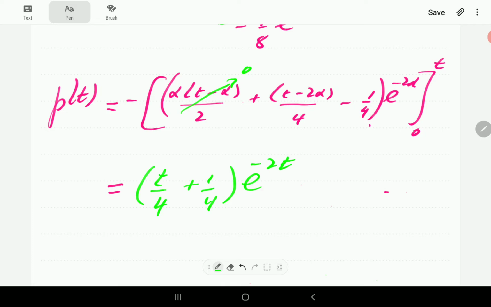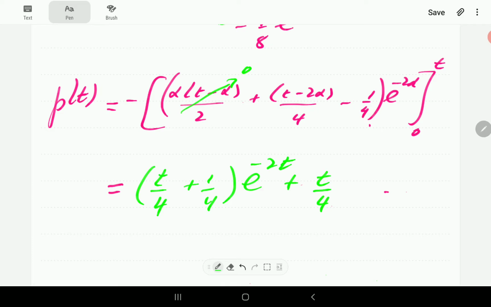Then when we plug in alpha is equal to 0, again this term is going to be 0. This one is going to be t over 4. There's a minus here, but there's a minus which goes with the fact that that is the lower limit, so that's going to be t over 4.